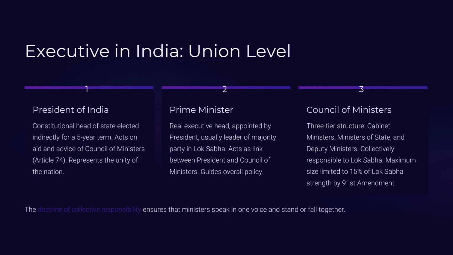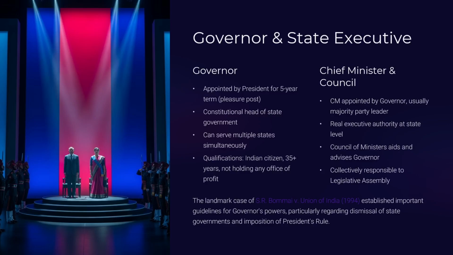They are collectively responsible to the Lok Sabha. The maximum size is limited to 15% of the Lok Sabha, strengthened by the 91st Amendment. The doctrine of collective responsibility ensures that ministers speak in one voice and stand or fall together. This is the executive in India at the Union level: President of India, Prime Minister, Council of Ministers.